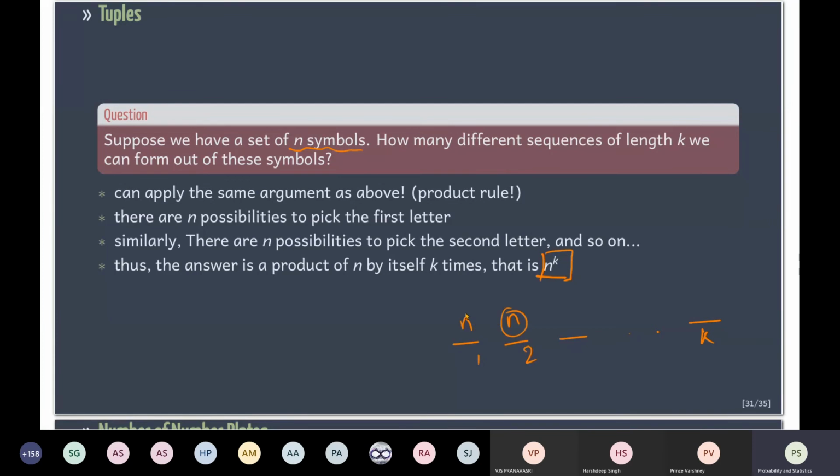Even if I have used one symbol here, I have plenty of that, so I can still choose with repetitions. I can still choose the same one here. So I always have this n. In total, by the product rule, we will have n times n, k times. So this is n to the k.